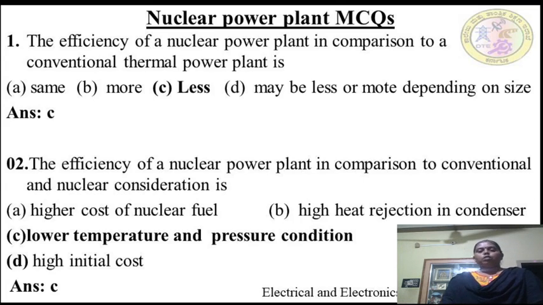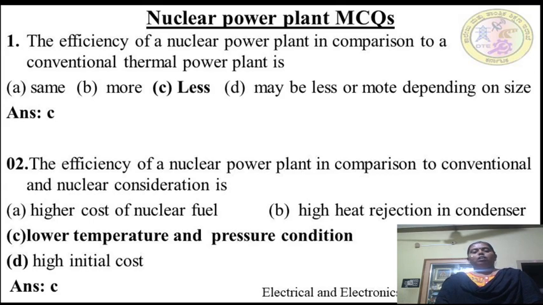So the answer for this is C, that is less, because the efficiency of the nuclear power plant compared with the conventional thermal power plant is less.